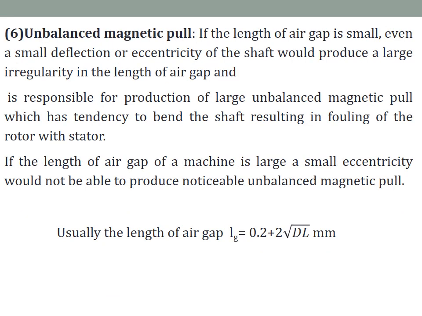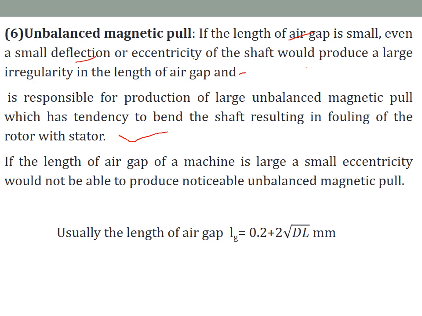Now coming to unbalanced magnetic pull. If the length of air gap is small, even a small deflection or eccentricity of the shaft would produce larger irregularity in the length of air gap and is responsible for the production of large unbalanced magnetic pull, which has a tendency to bend the shaft, resulting in fouling of the rotor with the stator.